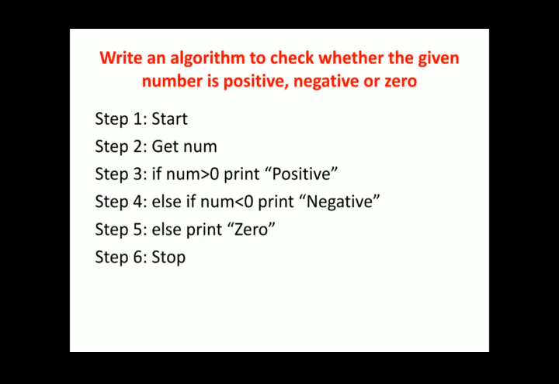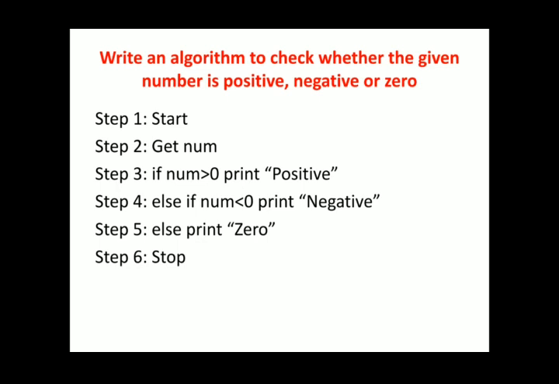It will check the decision given in step 3: minus 5 greater than 0. It becomes false. So it goes to the else block. That is step 4. It again checks the condition, that is minus 5 less than 0. Now the condition is true, so negative will be displayed as the output.